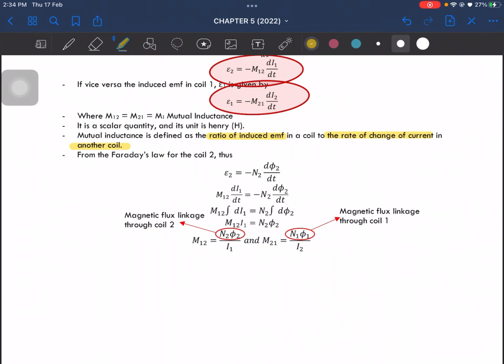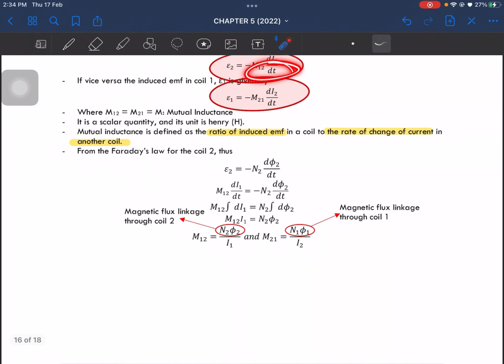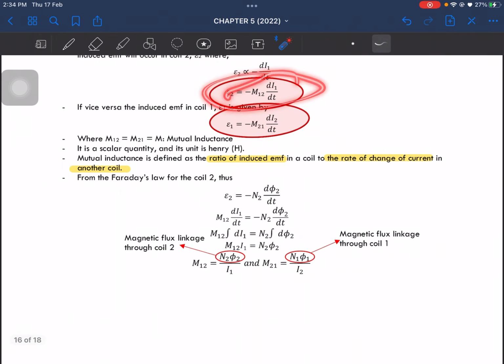From Faraday's law for coil 2, we can conclude that the induced EMF for the second coil is this equation here. We substitute this equation with this equation here.